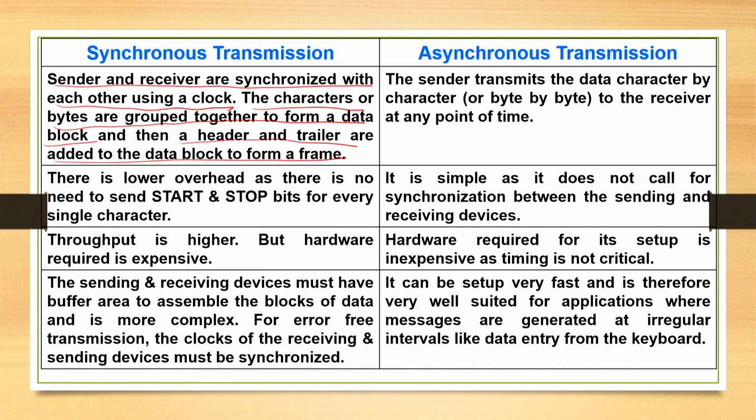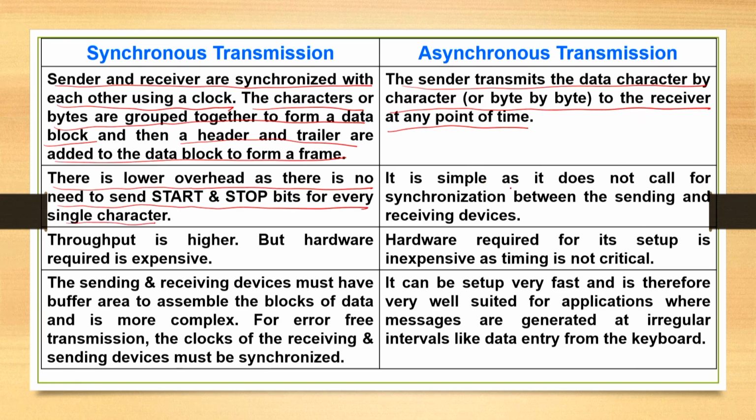In the case of asynchronous, the sender transmits the data character by character or byte by byte to the receiver at any point of time. In synchronous transmission, there is lower overhead as there is no need to send start and stop bits for every single character.